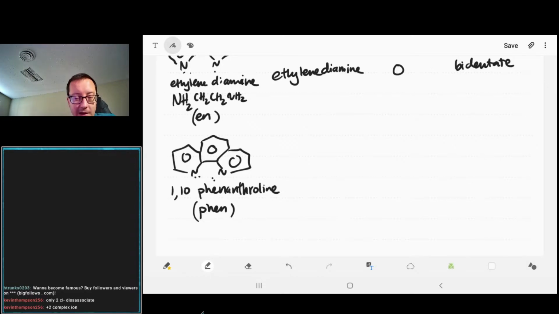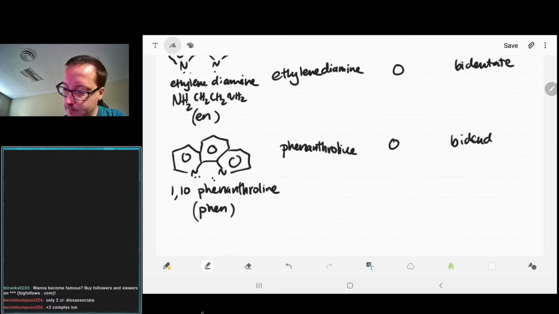If we were in person doing these, we would be using the phenanthroline in some of our experiments, doing spectrophotometry with iron, because it complexes well with it. The name is still the same. No charge on this, but it is bidentate. We have just a few more that are a little bit easier.